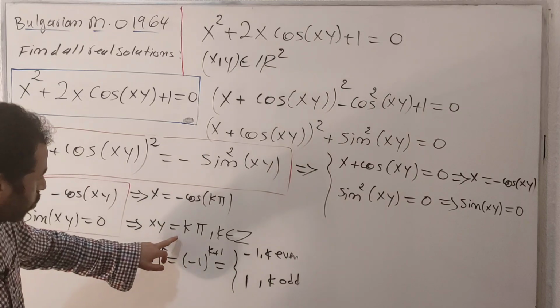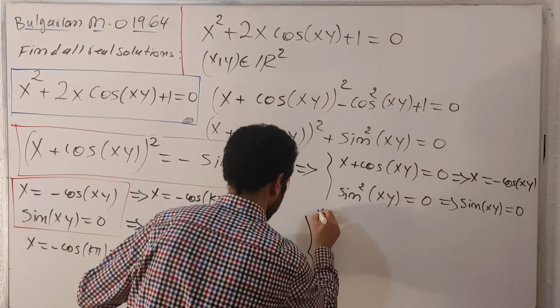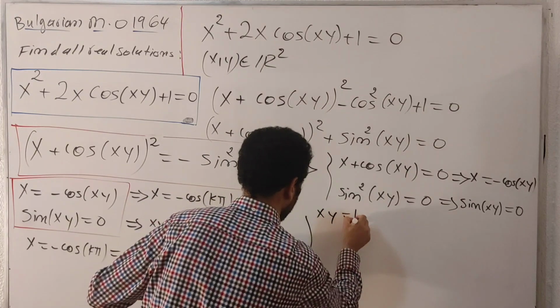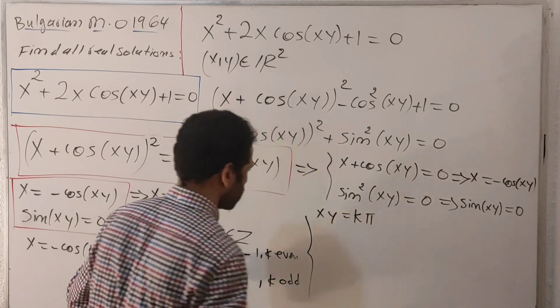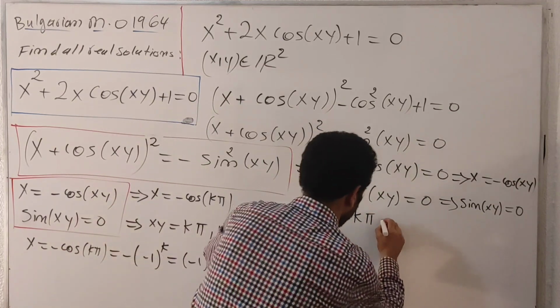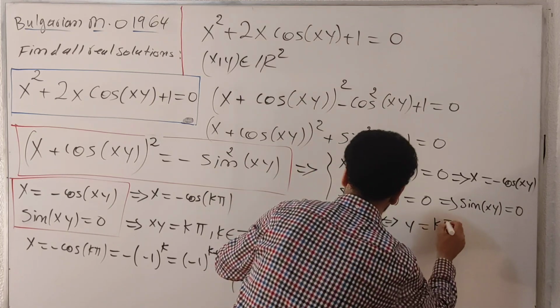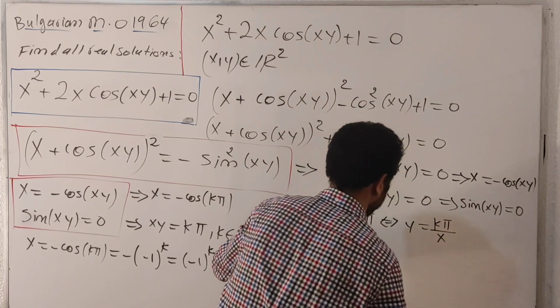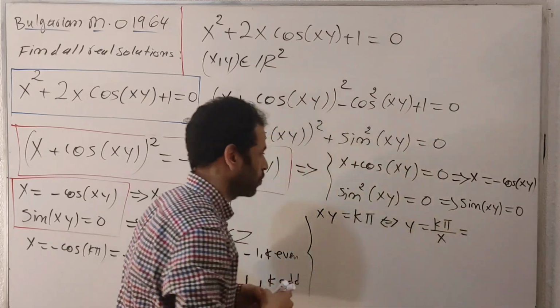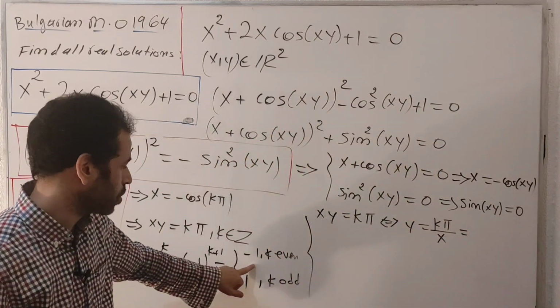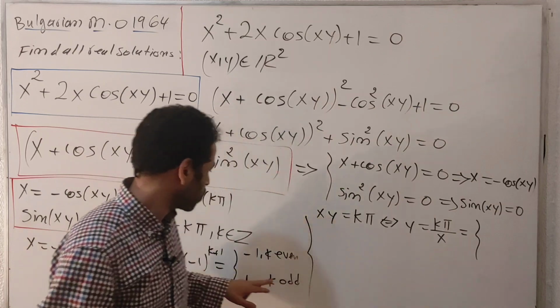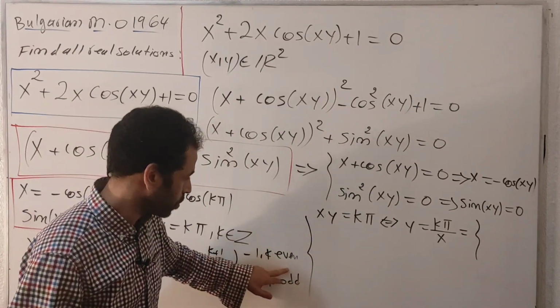Now I'm going to look for y. I have xy equals k pi. That means y equals k pi divided by x. We already found x equals minus 1 when k is even.